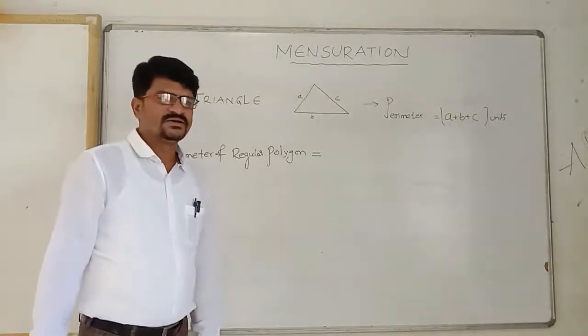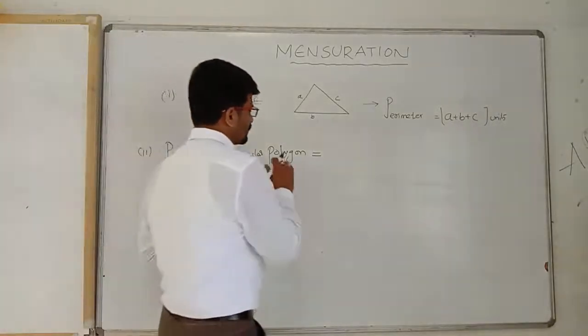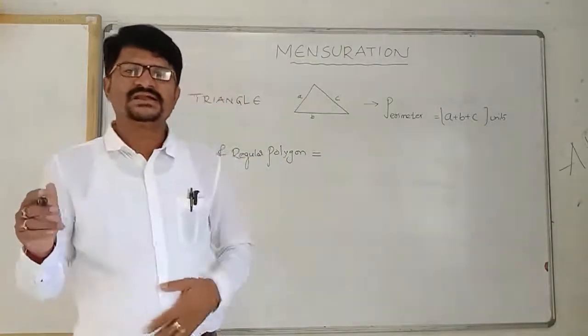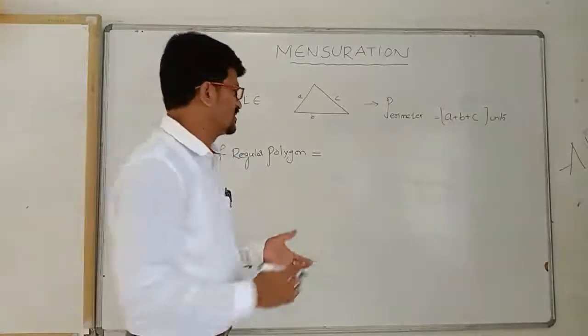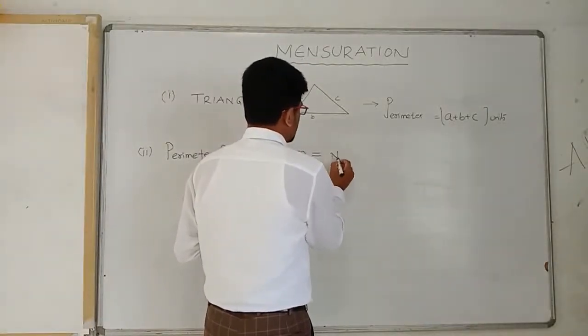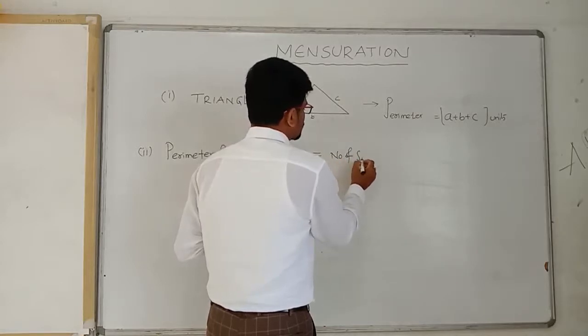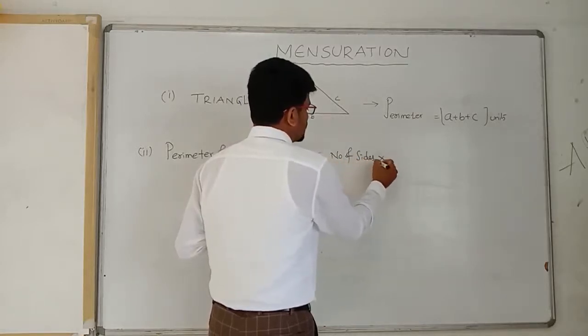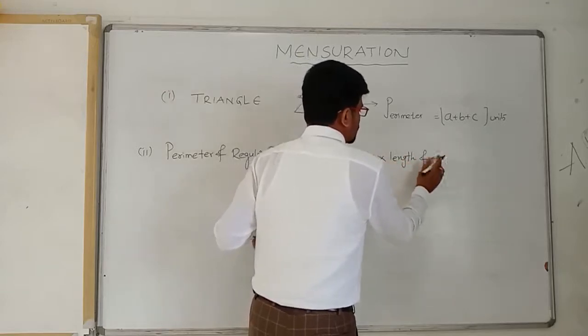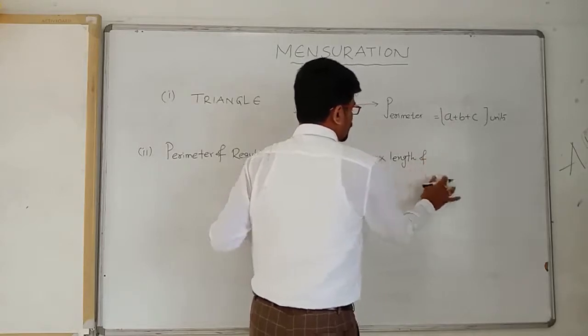Okay, children. Now, regular polygon formula: if the number of sides is denoted by n, then n into the length of each side. Therefore, the formula is number of sides into length of the side.